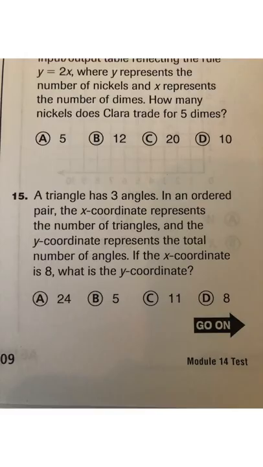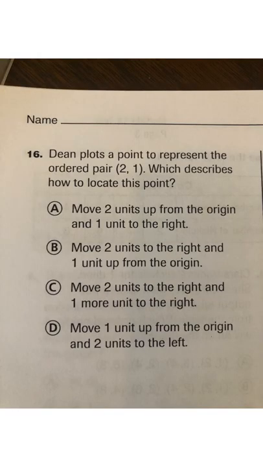Number 15. A triangle has 3 angles. In an ordered pair, the x-coordinate represents the number of triangles and the y-coordinate represents the total number of angles. If the x-coordinate is 4, what is the y-coordinate? Number 16. Dean plots a point to represent the ordered pair 2, 1.